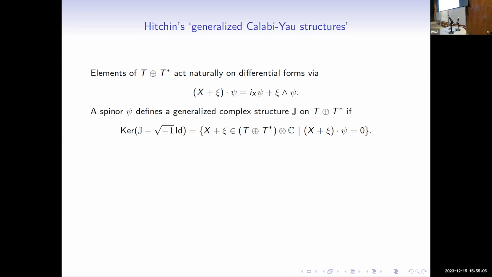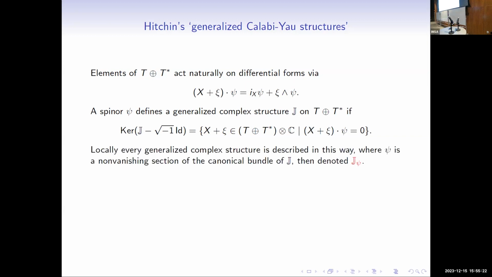But let me skip that and say that a spinor can be said to define a generalized complex structure if the i eigenbundle is exactly the kernel of this action against some spinor psi. And if that's the case, we'll call the generalized complex structure J psi.